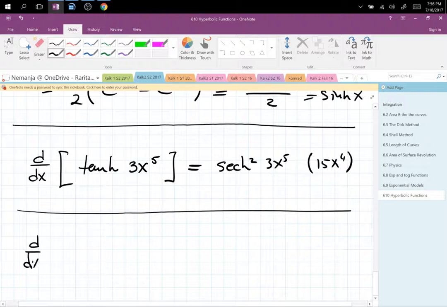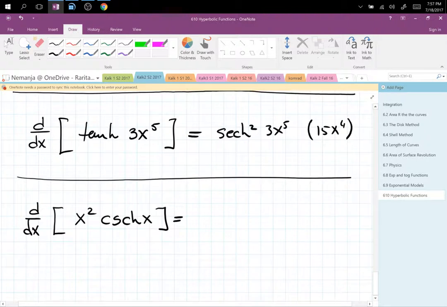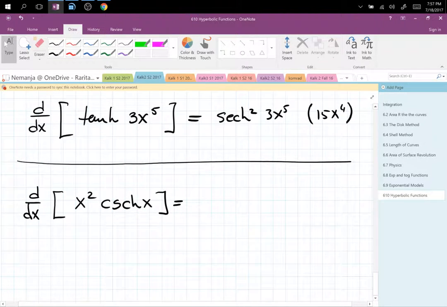One more. What now? Perfect. Product rule. Go. It's not going to fit over there, so next line.